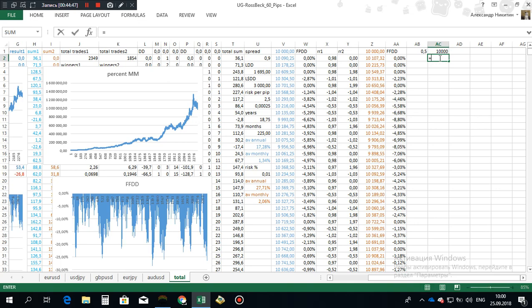So it equals previous account plus 50% multiplied previous account. So next month we have this, and let me use the fixed AB1. Okay.